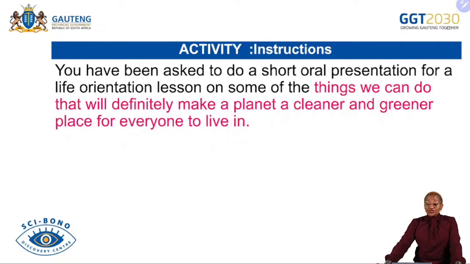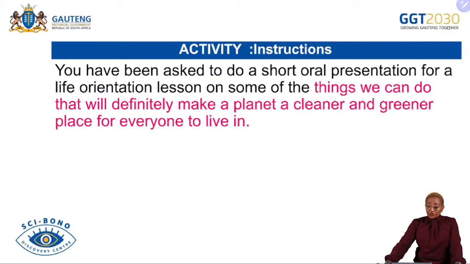You have been asked to do a short oral presentation for a life orientation lesson on some of the things we can do that will definitely make the planet a cleaner and greener place for everyone to live in. That is our brief. Let's try to analyze the brief. What is expected of you?